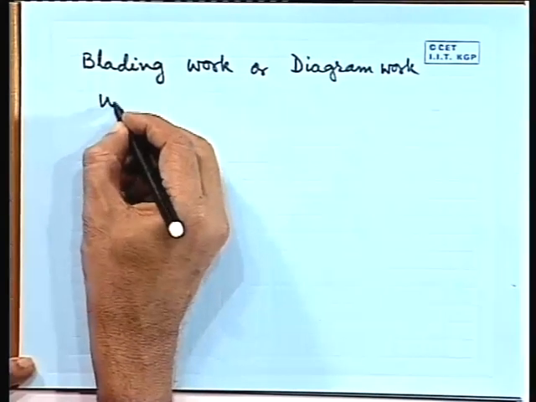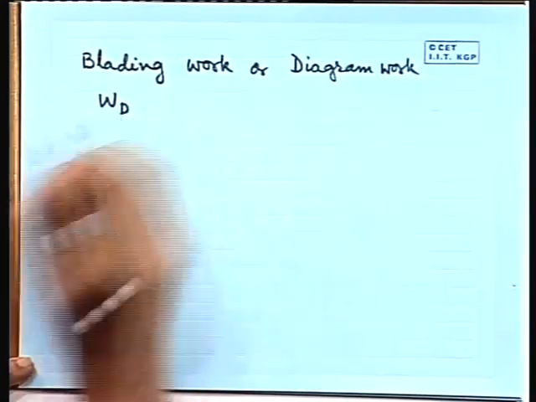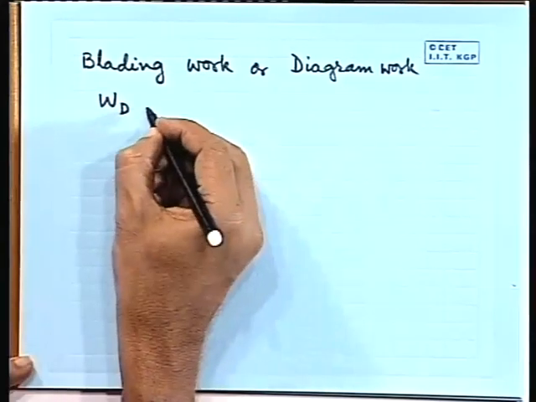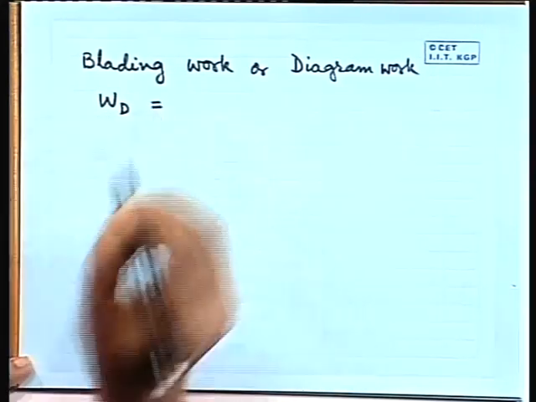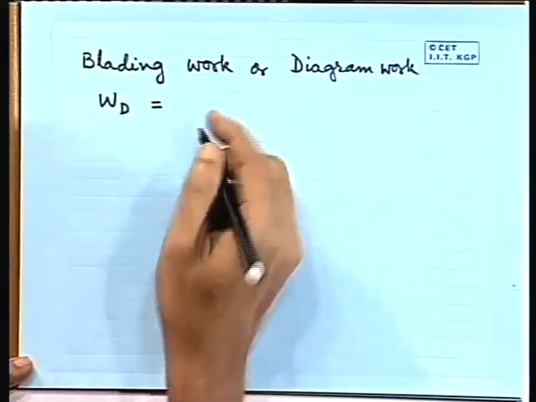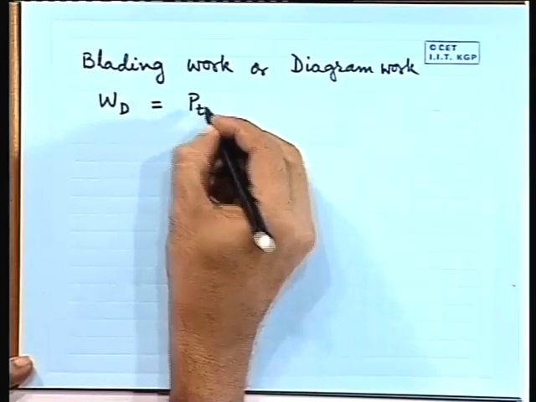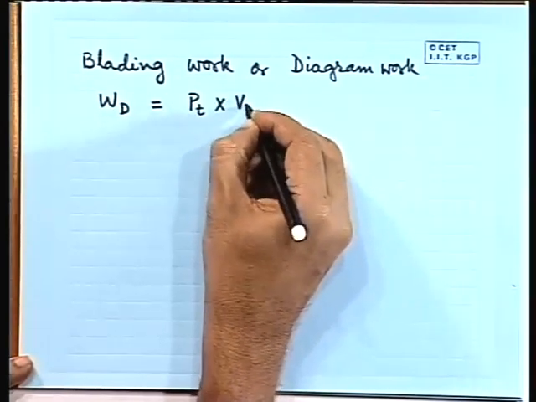Let us say we call it WD, diagram work, that is why it is called WD, that is equal to PT into VB.